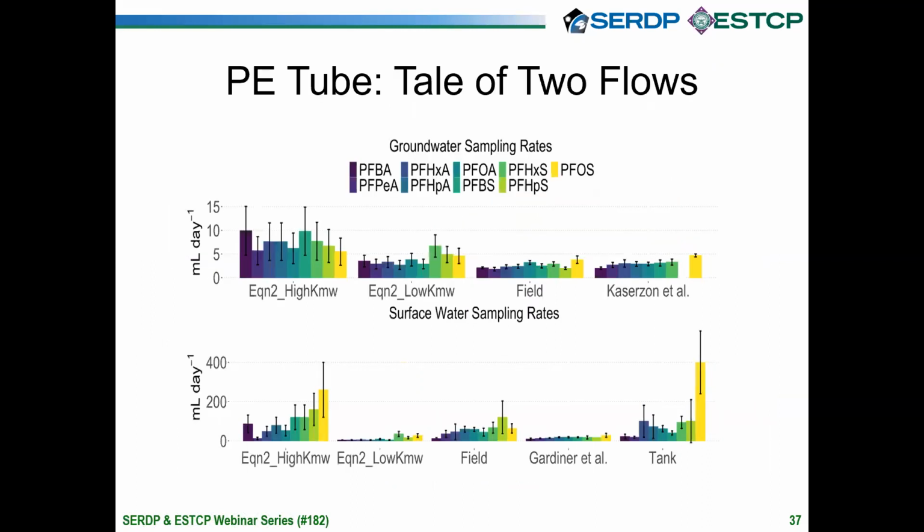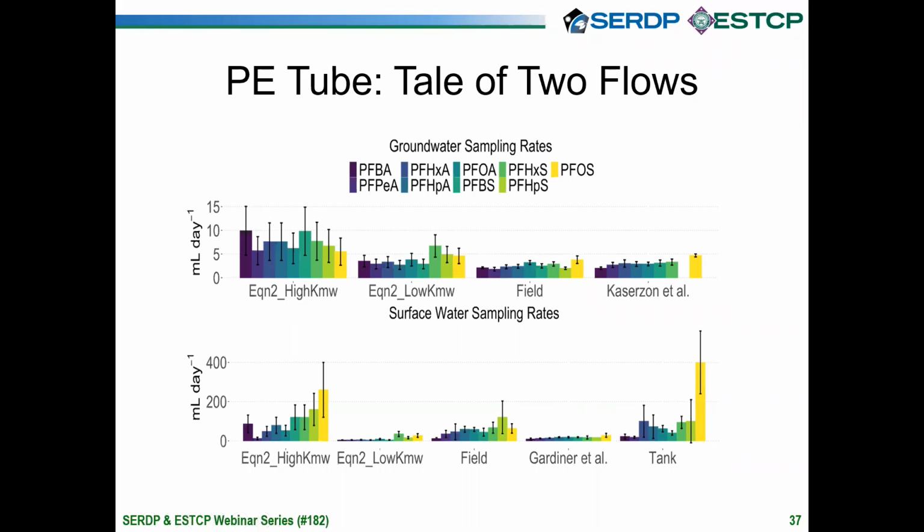Of course, the question is, how much do we have to know about the conditions outside of the passive sampler? So the water, at what flow it operates. And basically we end up with 2 regimes. If it's deployed in the groundwater, that's the top part of this graph, the sampling rates are on the order of 5 milliliters per day.